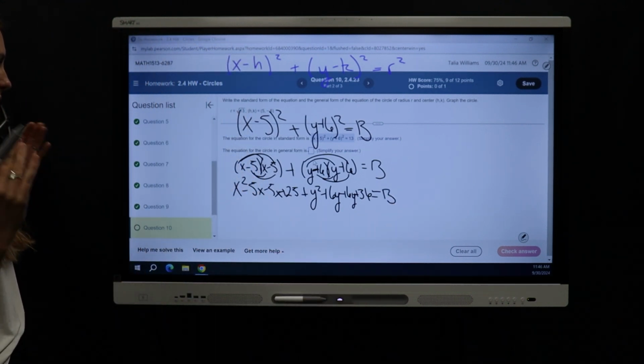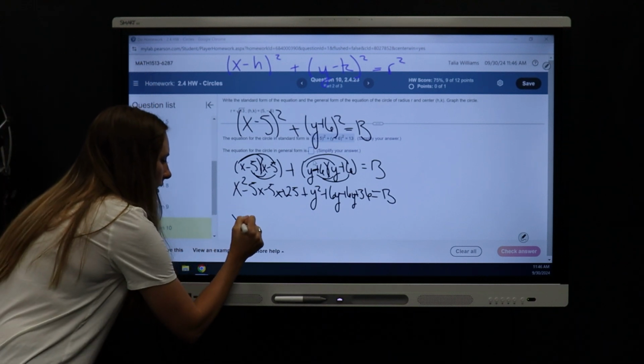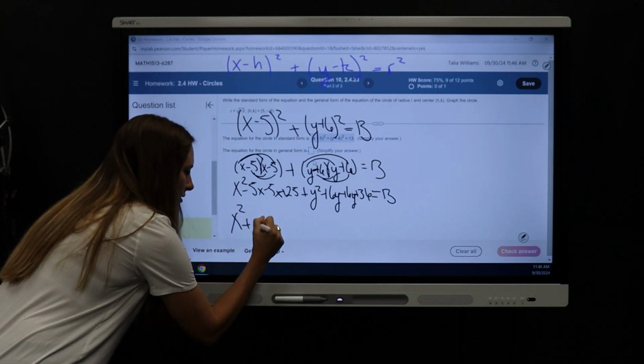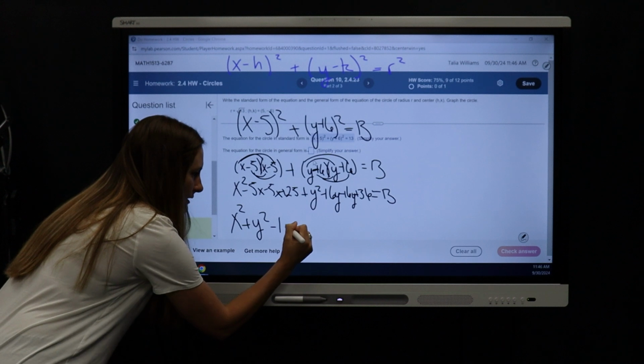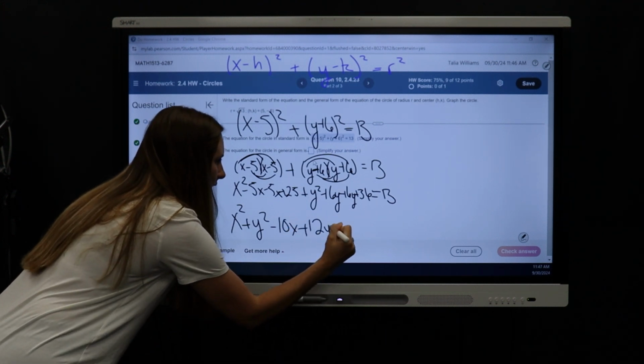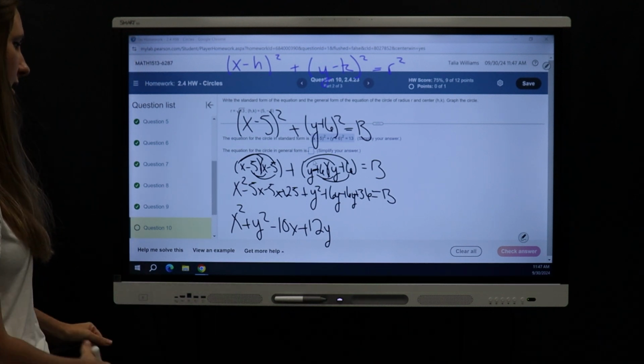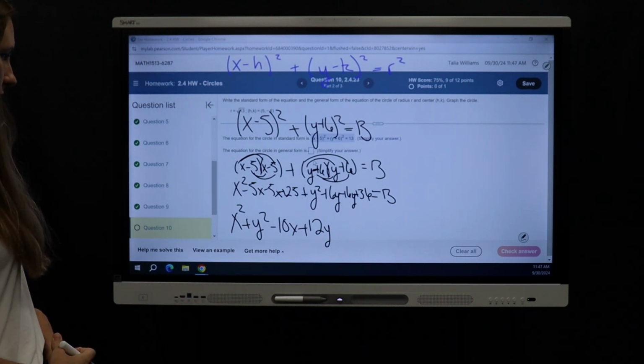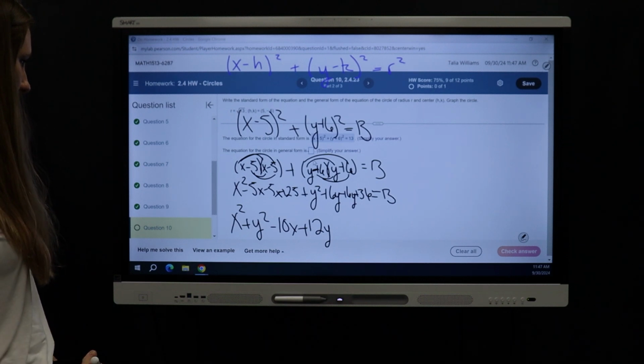Combine our like terms and put them in order. So we have x squared plus y squared, subtract 10x plus 12y, 25 and 36. 6, 1 carry it, 61.